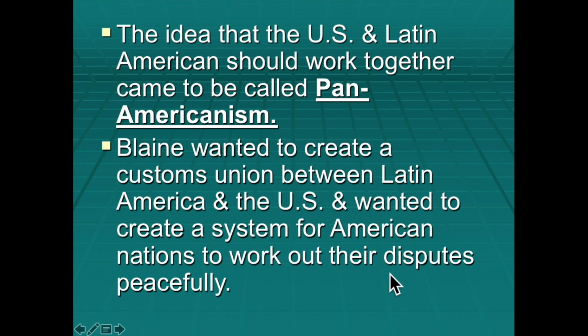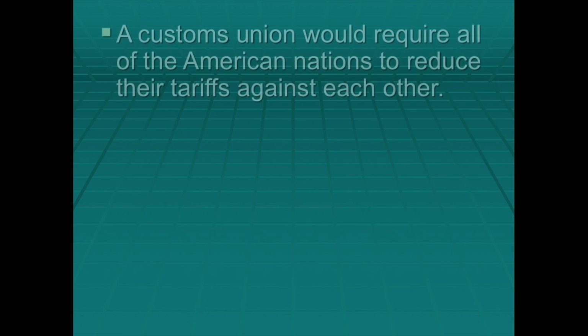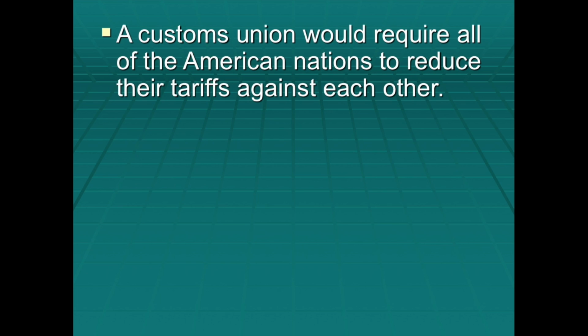So you see, they basically didn't want conflict, and the reason they didn't want conflict is because they wanted to boost this economic tie, basically between the U.S. and Latin American countries. The customs union would require all of the American nations to reduce their tariffs against each other.